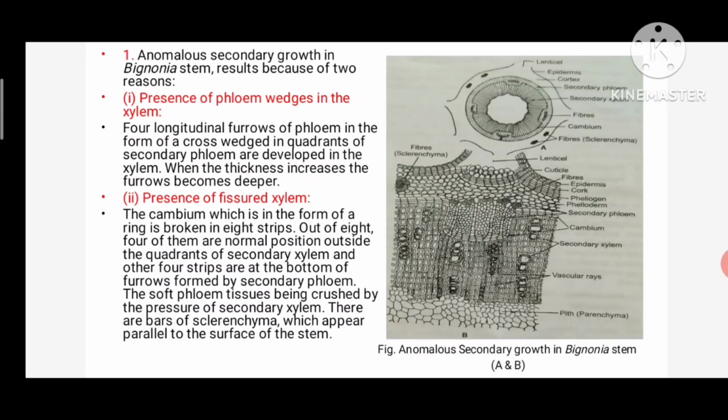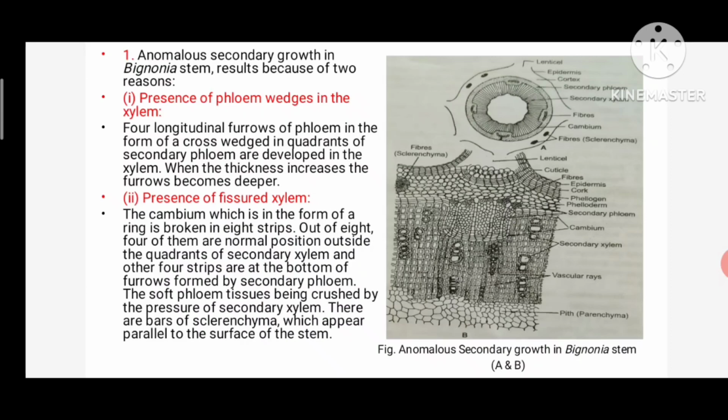The cambium which is in the form of a ring is broken into 8 strips. Out of 8, 4 of them are in normal position outside the quadrants of secondary xylem and the other 4 strips are at the bottom of furrows formed by secondary phloem.